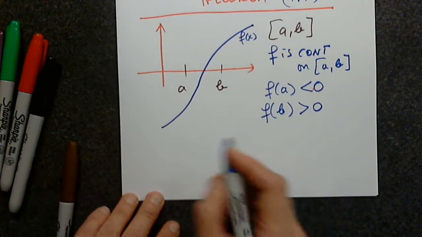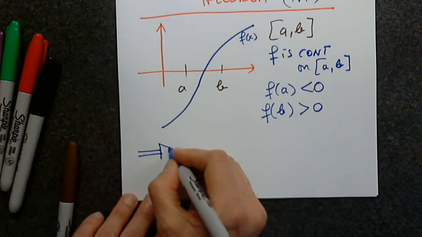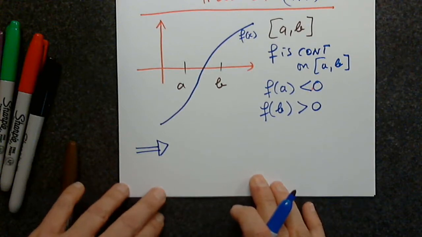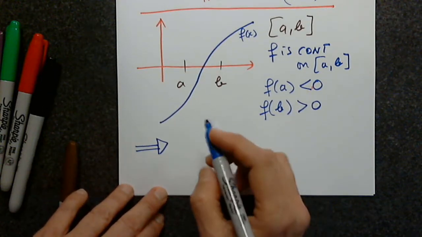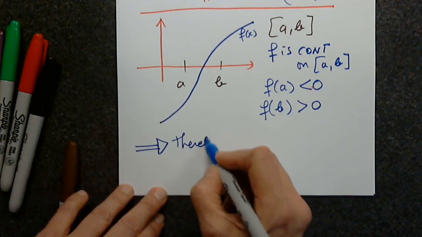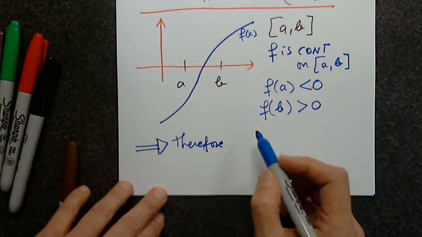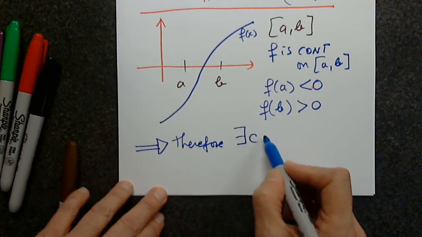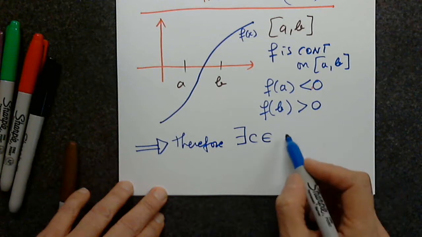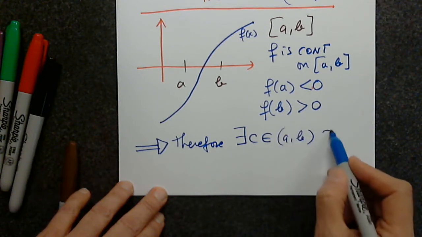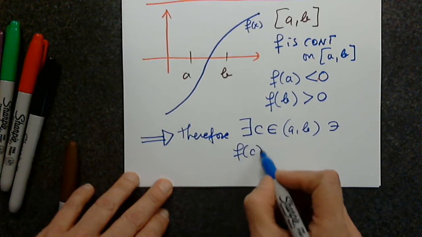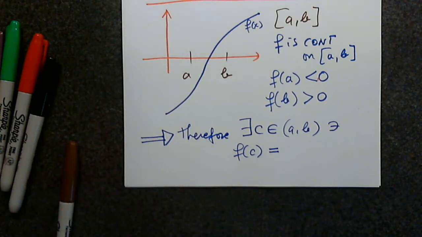Yes. Here's what I want to write, and you tell me yay or nay. Therefore, there exists a number c in the interval a comma b such that f of c must be, for sure, what?